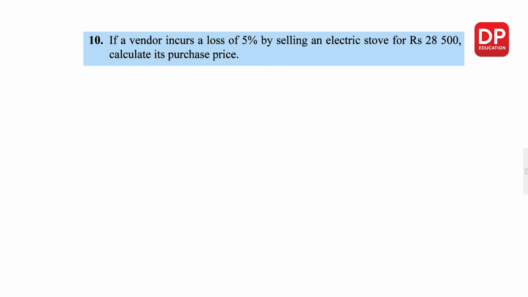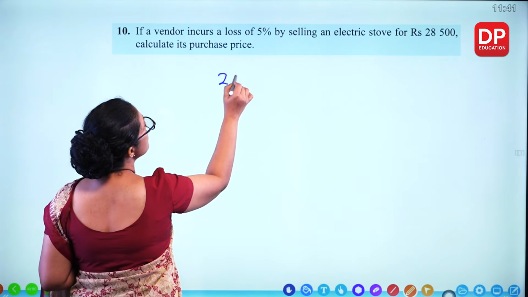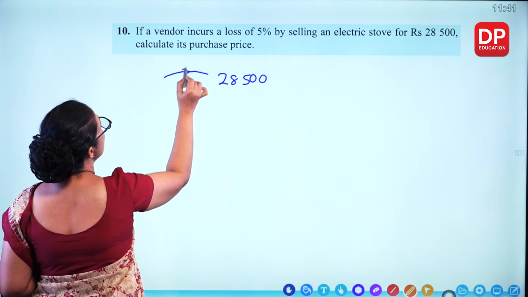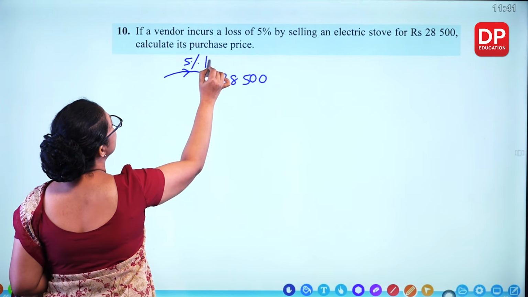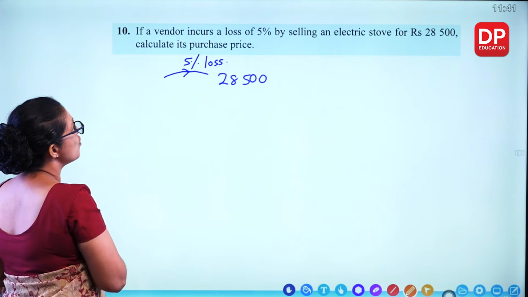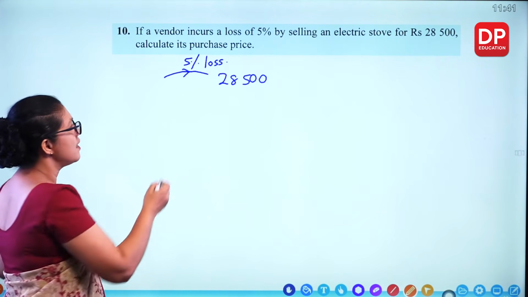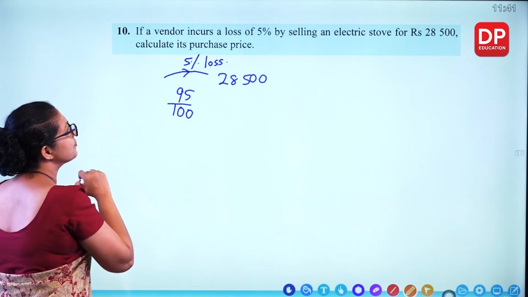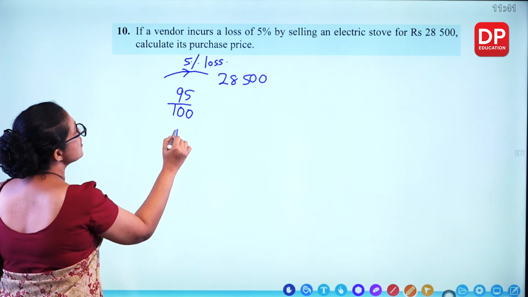If a vendor incurs a loss of 5% by selling an electric stove for 28,500 with a loss of 5%, you are asked to calculate the purchase price. So loss of 5% means you have to sell it for 95 if it's 100. So what's the purchase price?